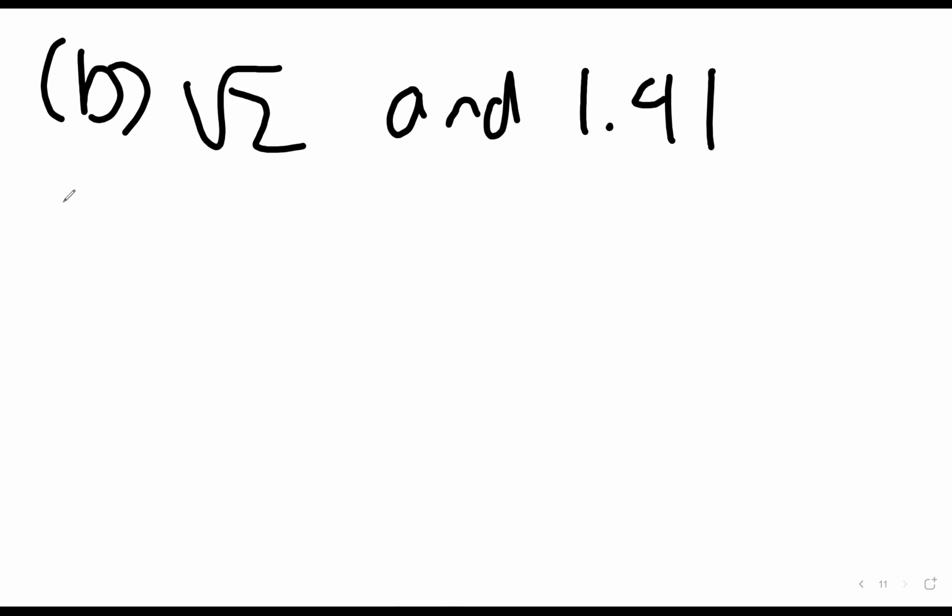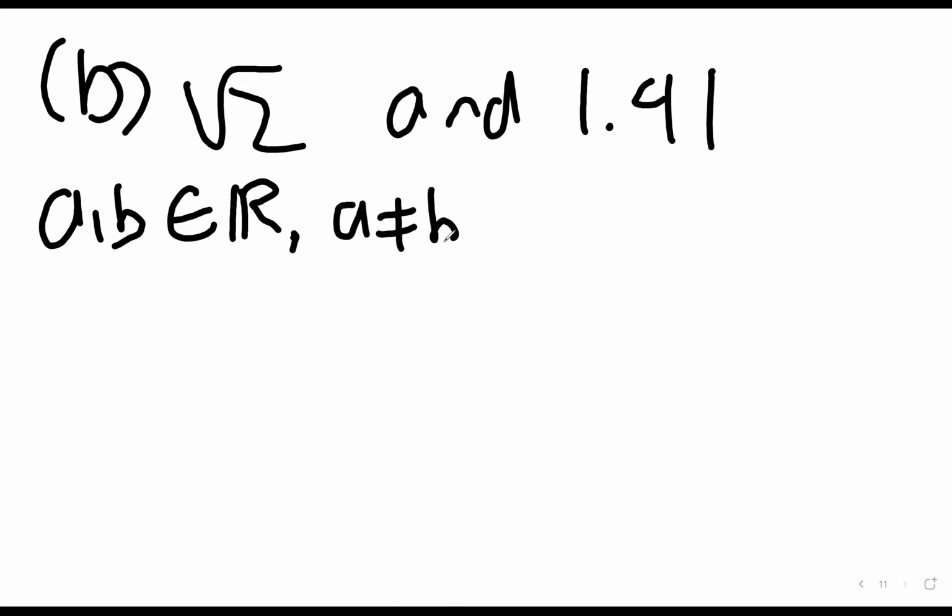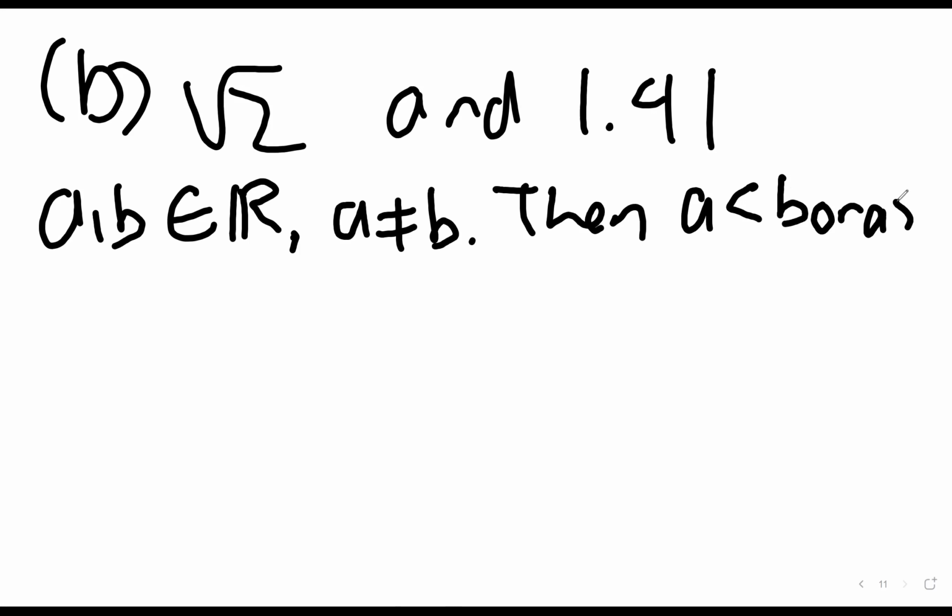Here is the theory. Suppose that we have two real numbers, A and B. Of course, there is an order between A and B, so with A not equal to B, either A is less than B or A is greater than B. In this case, let us take the average between these two.